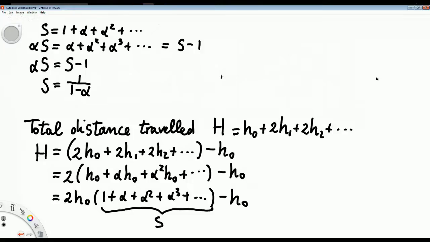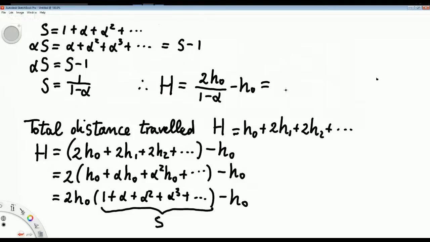So we can go back to our total distance traveled, which was h, and conclude that this h is given by 2h naught times 1 over 1 minus alpha, minus h naught.